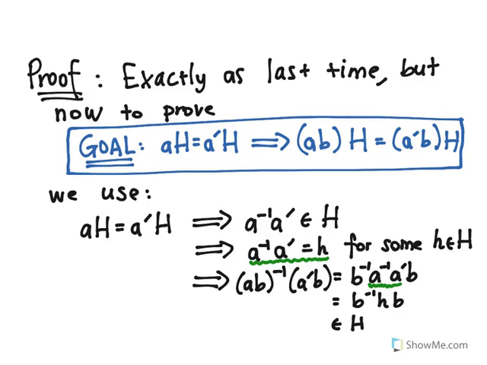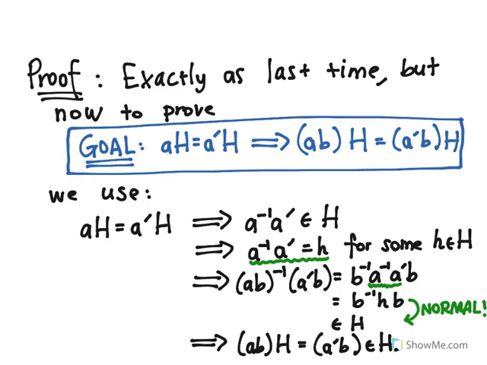We have b inverse h b, and that by the definition of H being normal is equal to not necessarily lowercase h itself, but at least some element of the subgroup capital H. And that's enough to know that the coset abH is equal to the coset a'bH, which is what we need to know that this operation is well defined.